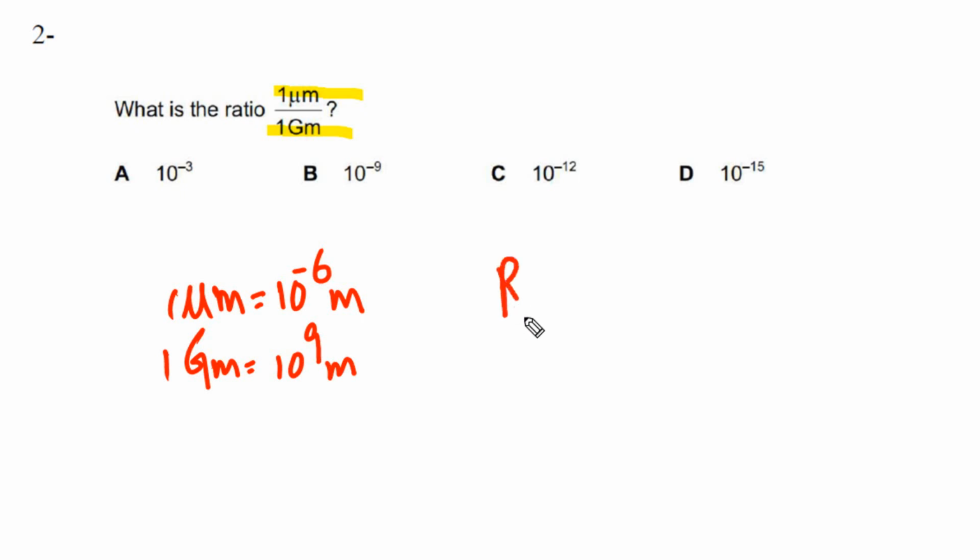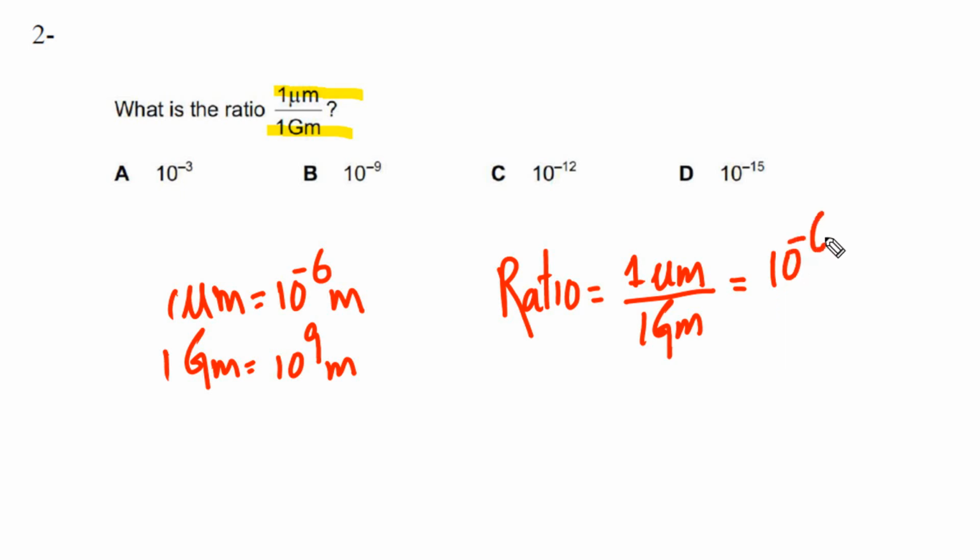Now, if we have this understanding, if we remember what is micrometer and what is gigameter, then we can answer. We have 1 micrometer divided by 1 gigameter. 1 micrometer is equal to 10 to the power of minus 6 meters, and 1 gigameter is equal to 10 to the power of 9 meters.